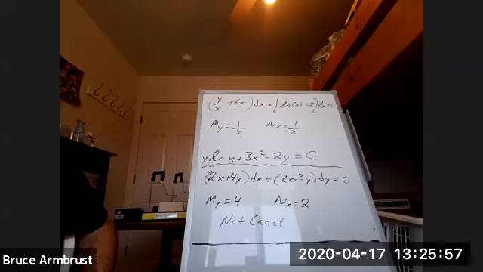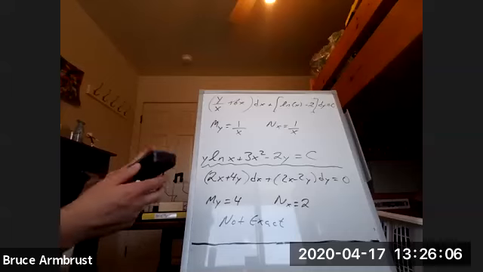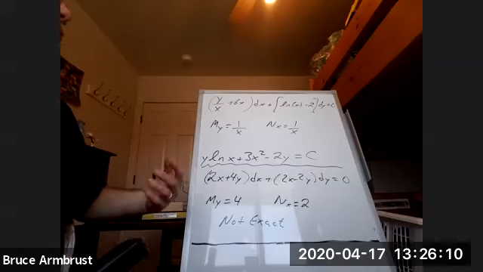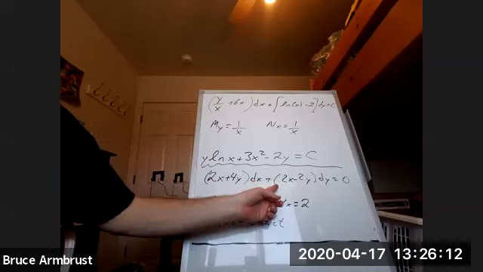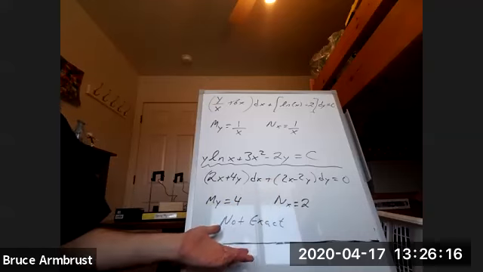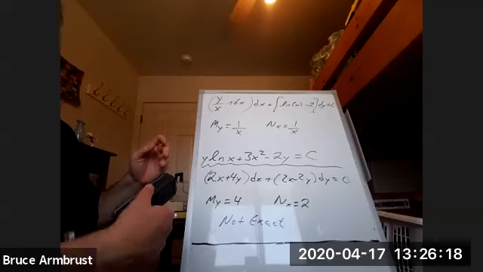You think about all the rest of them you've seen, they've got their y primes and the y's and all that good stuff. And so we still need to be able to attack that kind. So let me show you how we change a given differential equation so that it looks like this form, so we can figure out what the M and the N are, so that we can do this check.